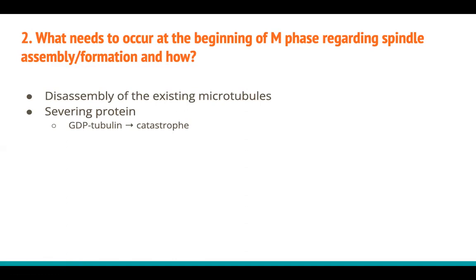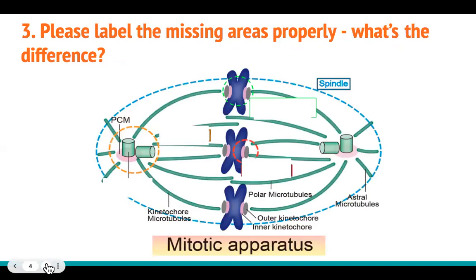That can be done by using a protein, because when you cut a microtubule through the middle, I think we learned it in week 5, that area is GDP bound, and that'll cause a catastrophe. Let me know if we're going too fast too.